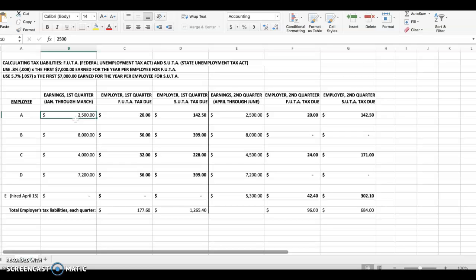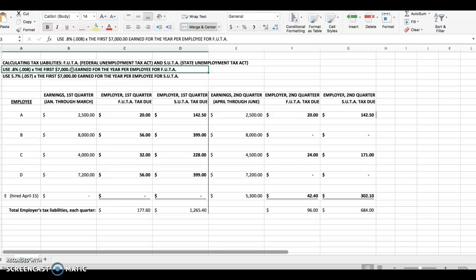This is the gross pay, not the net pay, the gross earnings of this employee. And again, at the top, for the federal unemployment tax, this 0.008 decimal is going to be used based on the first $7,000 earned for the year. And that's an important concept to keep in mind.